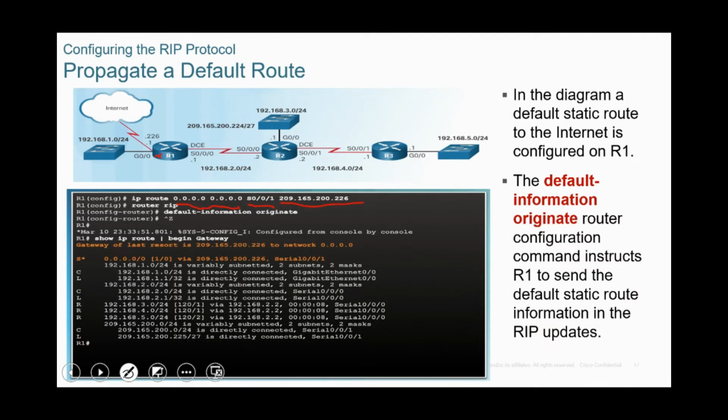When you configure router rip and type the command default-information originate, this router configuration command will instruct router 1 to send the default static route information in the RIP updates every 30 seconds. So this is why you need default-information originate.